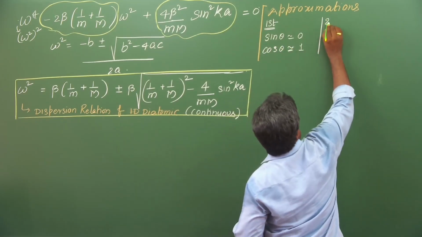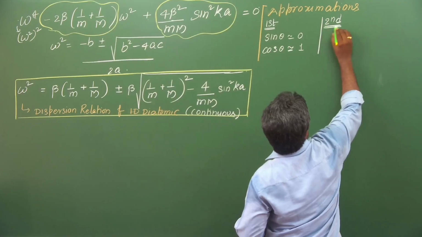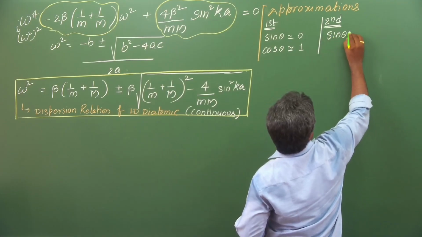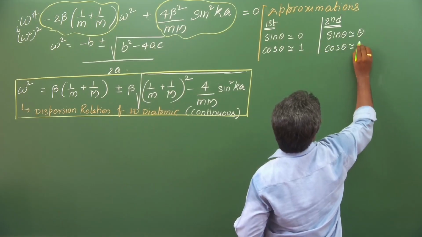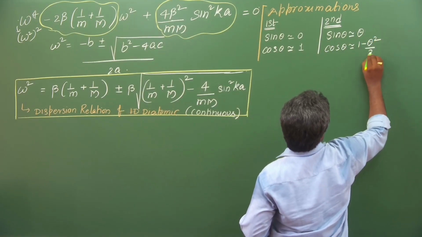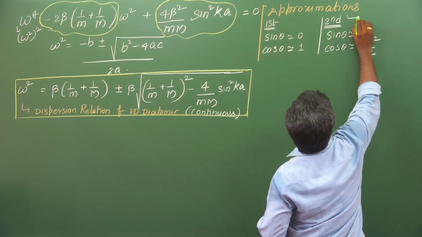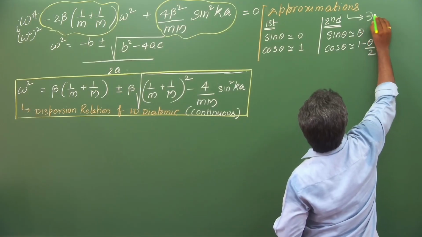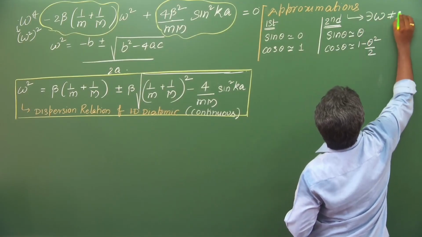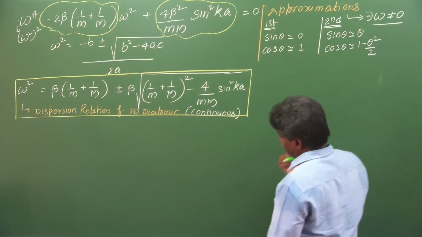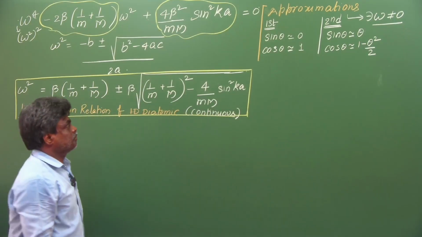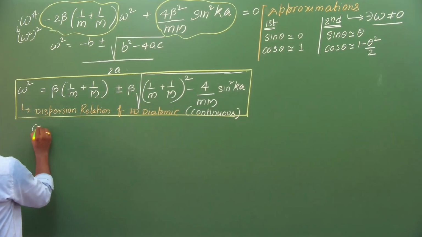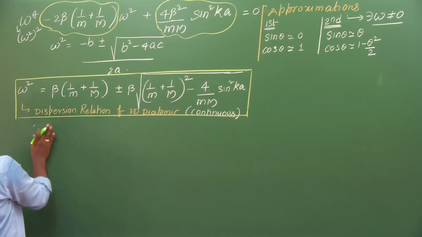Very few people are responding. Second approximation, sin theta is nearly equal to theta. Then cos theta is nearly equal to... So all these approximations you can take such that omega should not be 0. Omega should not be 0.